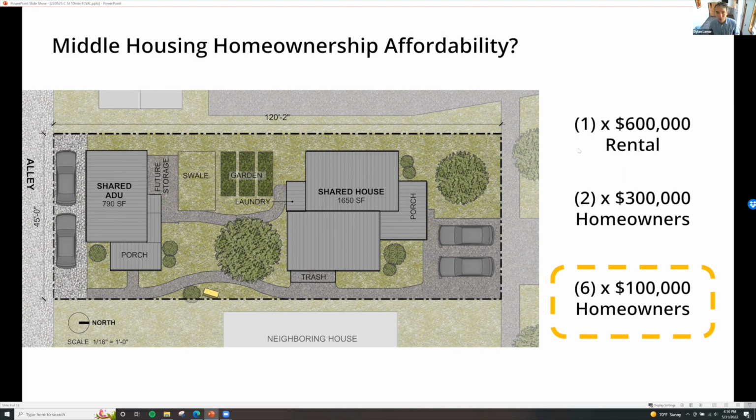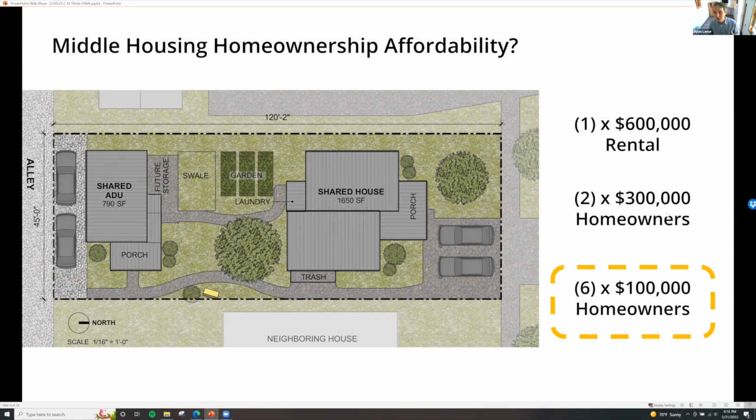And it's going to become a rental for someone. Maybe you'll have an owner, a resident here, and then renting the backyard. That's a pretty common way that ADUs get integrated, and that's great. But at the end of the day, you've got a wealthy landowner and you've got someone who's stuck in rentership back here. Can we do a little better?